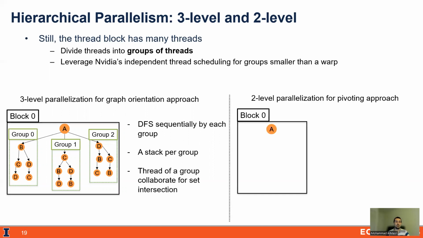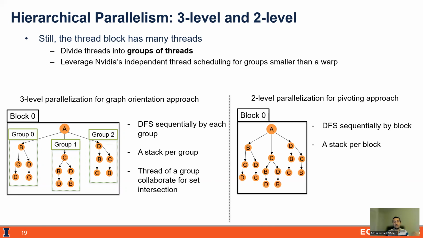and the threads of the group will collaborate for the set intersection operation. For pivoting, since we have to go deeper in the search tree and we need a larger stack because of the high depth of the search tree, we again start by assigning a vertex to a block. All the threads of the block will go DFS sequentially, and we will have a single stack for the whole block, not for a whole group.